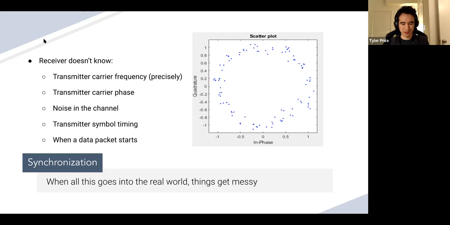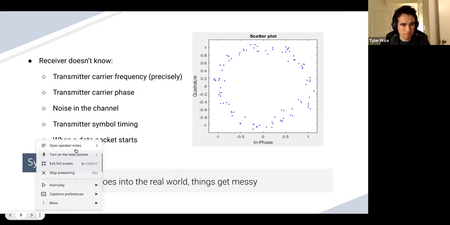So the frequency might be slightly off between the two. Previously we had you create a constellation diagram in this part of the assignment. If over time the frequency is higher or slower on one, it's going to start rotating around and just form a circle. You don't have a constellation anymore.